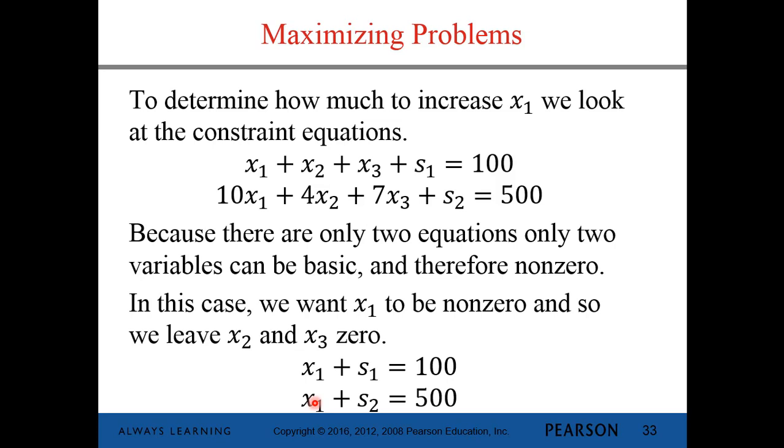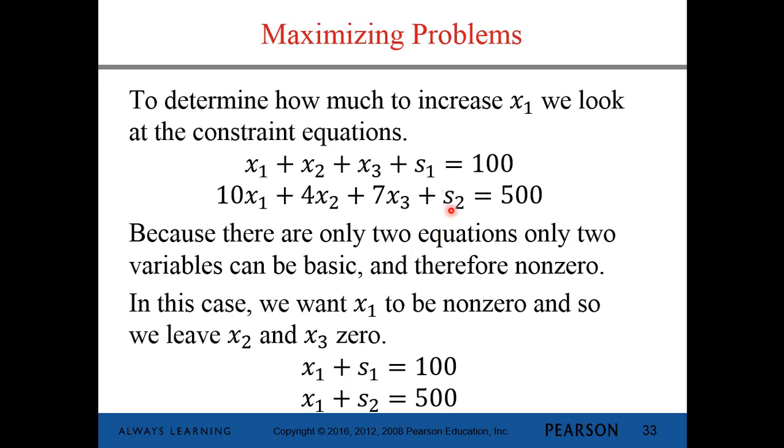Okay, so to determine how much to increase x1 by, we look at the constraints again. Because there are only two equations, we can only have two basic, non-zero variables.